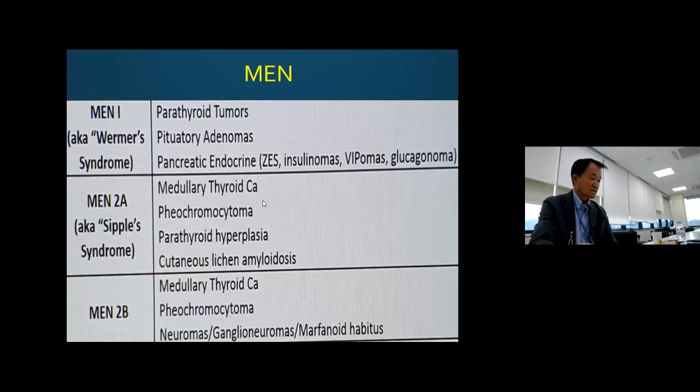So keep in mind, when you have a medullary thyroid cancer, you check for parathyroid hyperplasia. That will make MEN2A. But if you have a parathyroid tumor, then you check the pituitary or pancreas to check for MEN1. Medullary cancer, pheochromocytoma, neuroma, all things together, MEN2B.